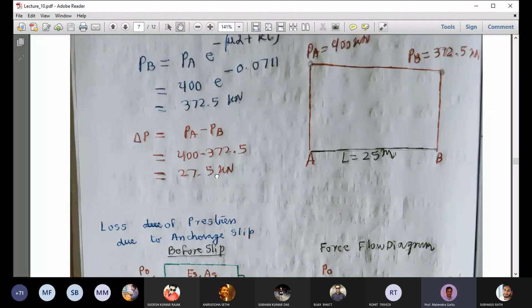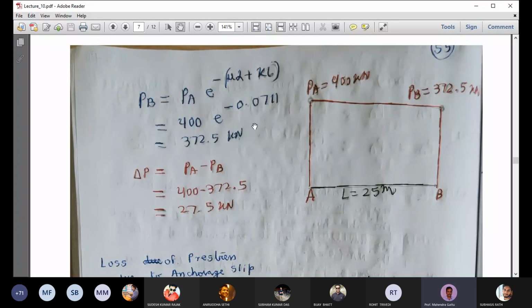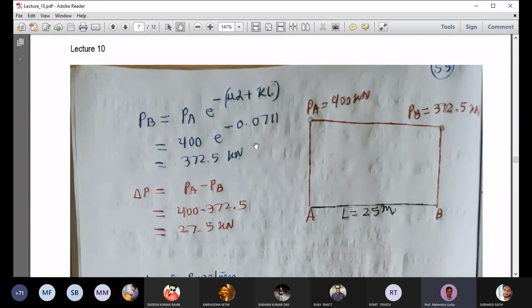Okay. So this is an example involving the loss of pre-stress due to friction and curvature plus the wobbling coefficient. So this part is the friction part. Only when there is a curvature do we have loss of pre-stress due to friction.